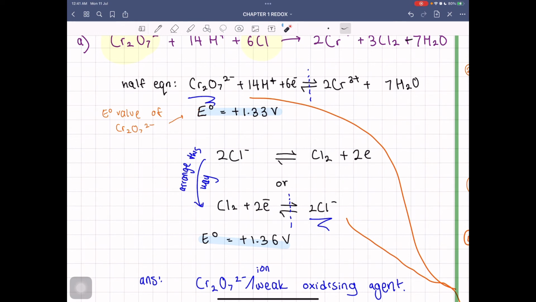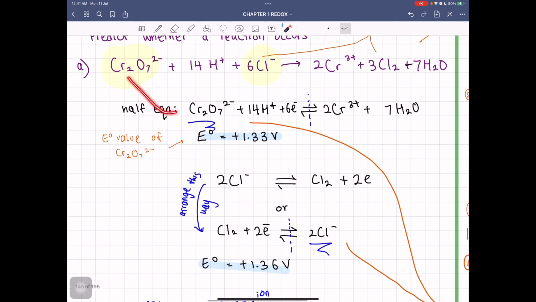So we know we're dealing with these two reactants, right? And you see, one eventually lies on the left side, but the other is on the right side. So now we know which one is supposed to be the oxidizing agent and which one is supposed to be the reducing agent.